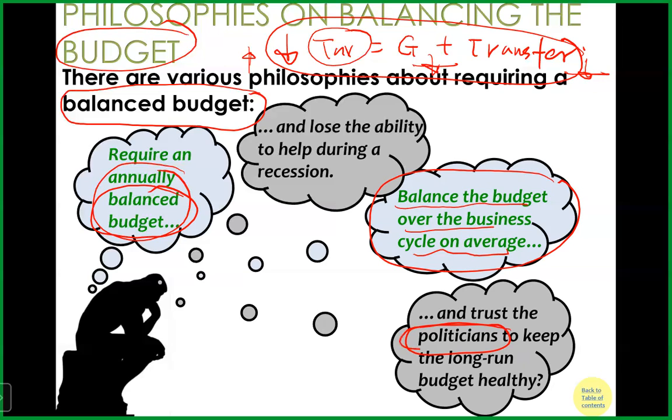The politicians may not care about long-run budget health. Like an example I give to you. This happens for both Democrats and Republicans. During President Trump's presidency, the economy was in expansion and he cut taxes.